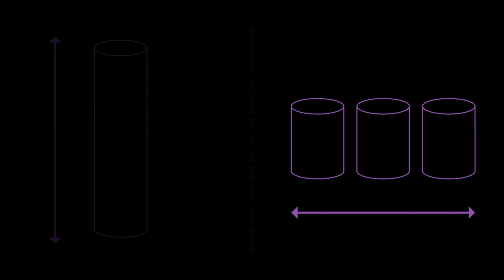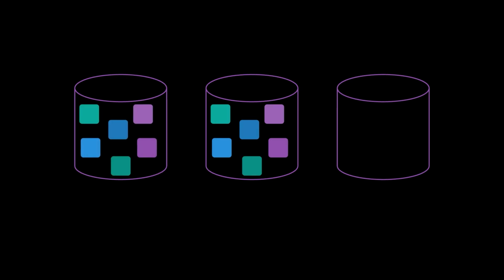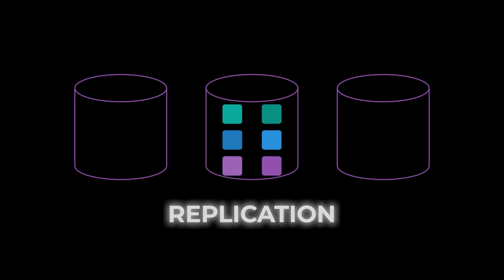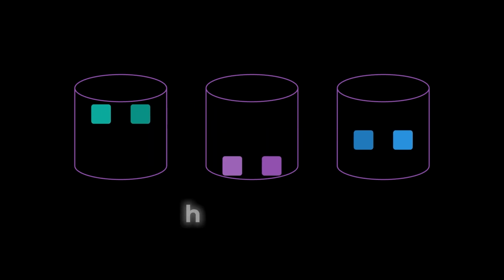So with multiple machines, you can store copies of the same data on each one, and that's a technique called replication. Or you can split the data into smaller parts and distribute them across different machines, which is called sharding. It's like having copies of the same book in different libraries versus splitting the books based on topics and storing them in different libraries.